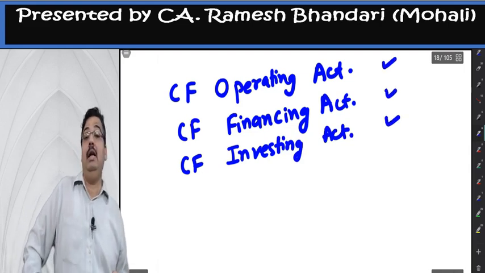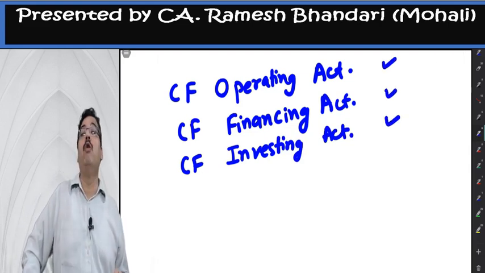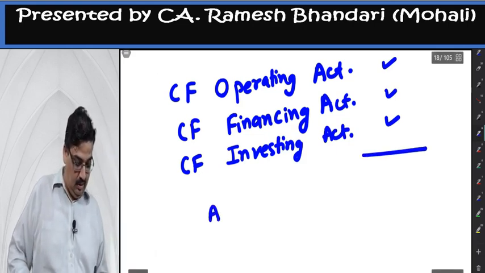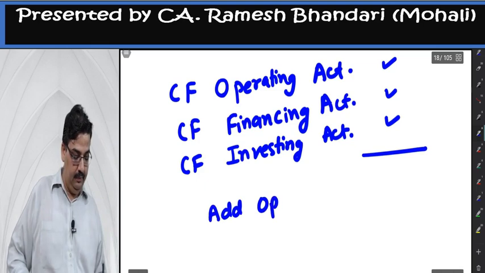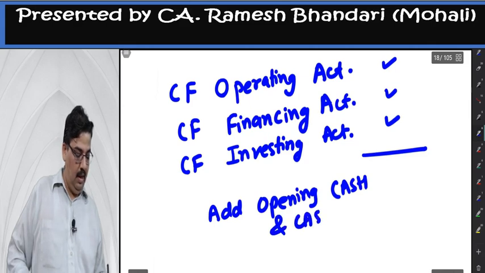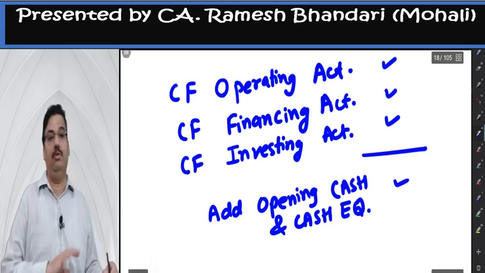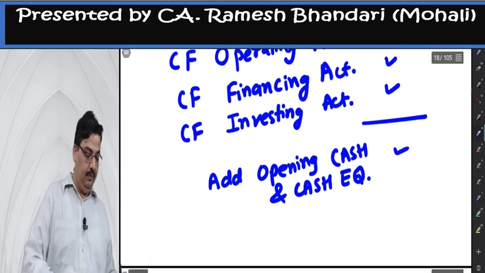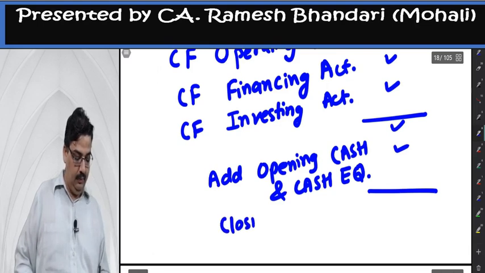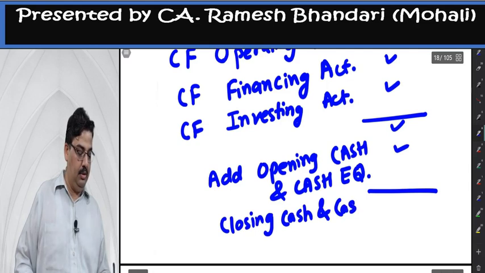If they are net inflow plus, net outflow minus, add or less, then add opening cash and cash equivalents. They are defined in cash flow statement, the cash equivalents. Once you add, what you get is closing cash and cash equivalents.